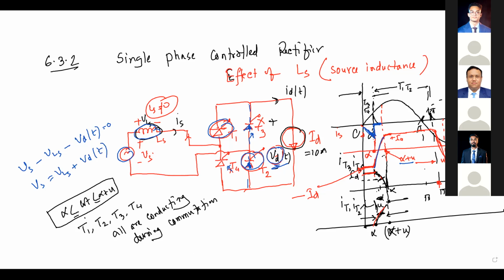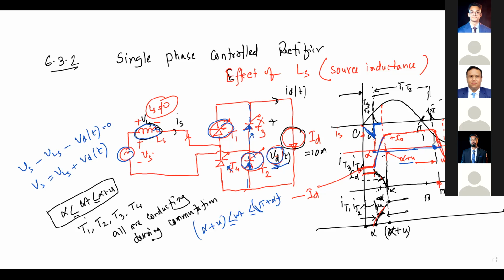You understand? We are talking about omega t from alpha plus U to pi plus alpha. That we are trying to find out from here to here.